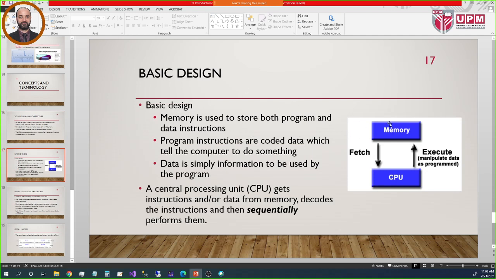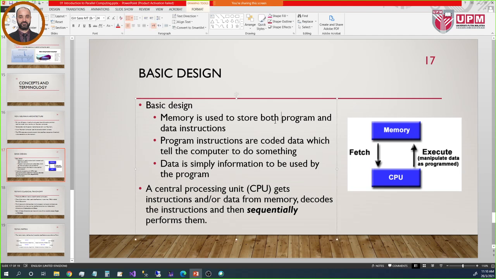Okay, the basic design of that architecture is that the memory is used to store both program and data instructions. So both of the things, program and data, have to be saved into the memory. Okay, then the program instructions.